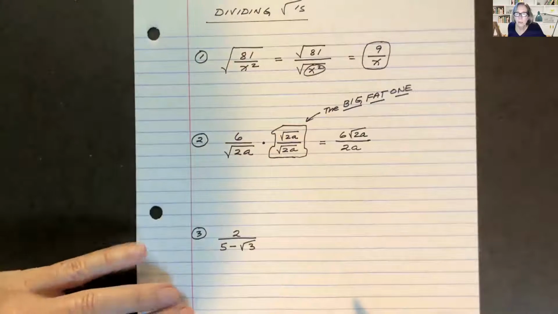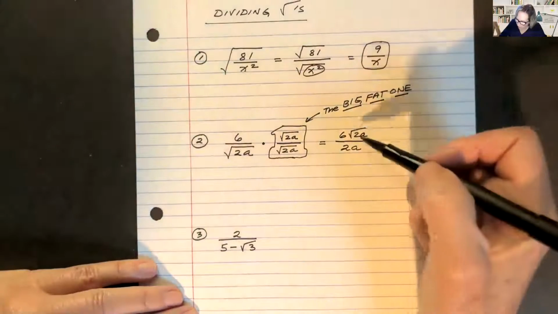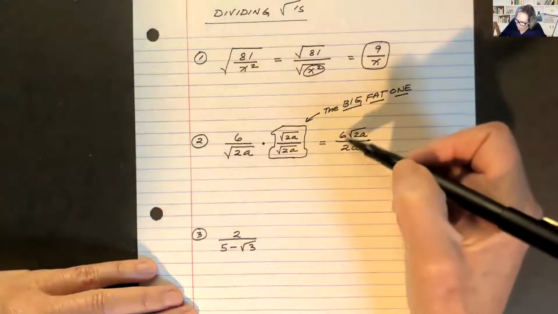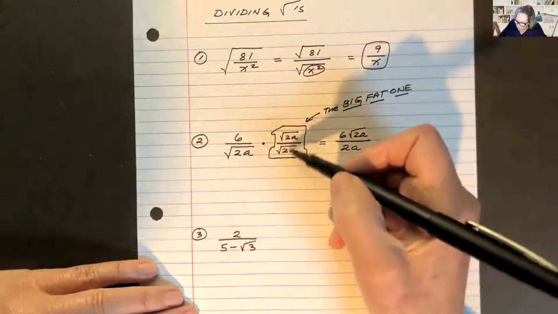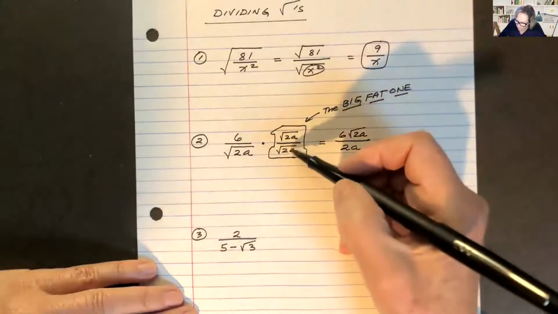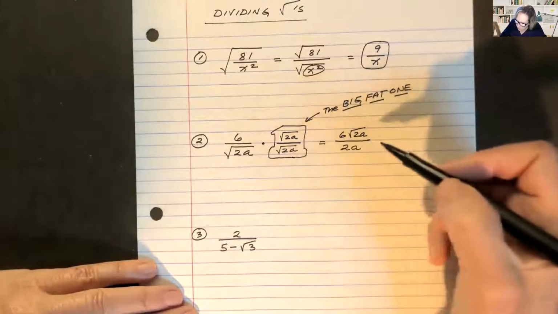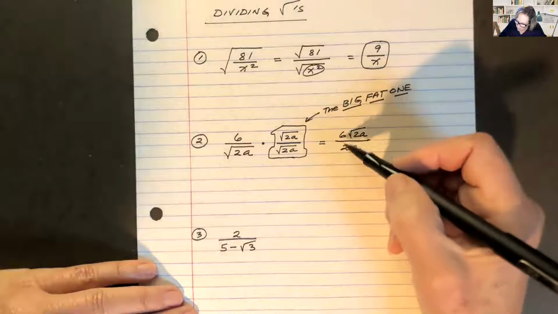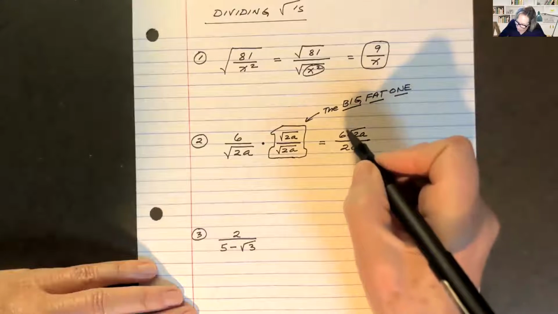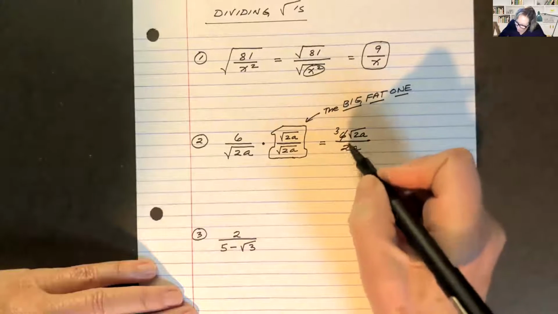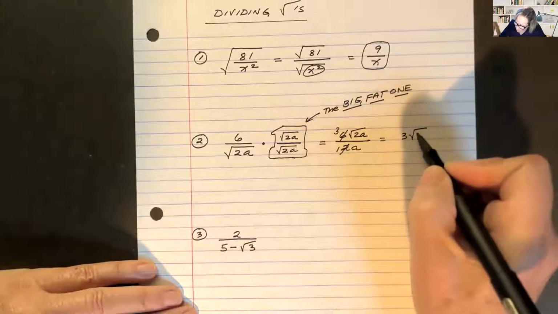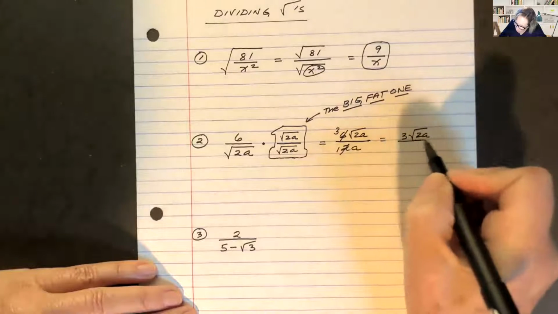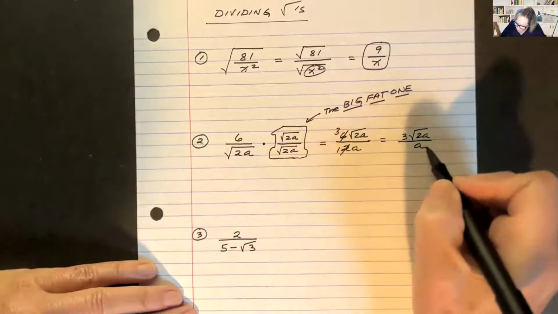And then I look if there's any other place that I can simplify. I can only simplify numbers on the outside of the radical or inside the radical, where I have terms that are the same inside the radical. But the 6 and the 2 can be simplified, that is a 3 over a 1, isn't it? So I'm left with 3 times the square root of 2a over what we call a rational a.